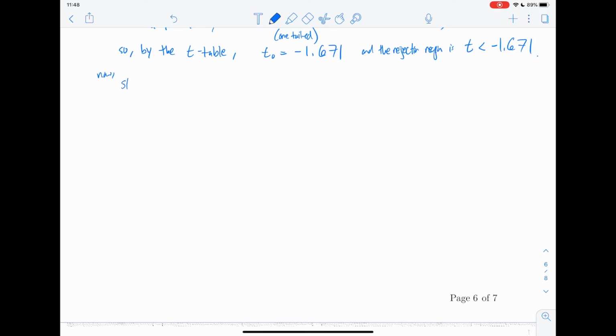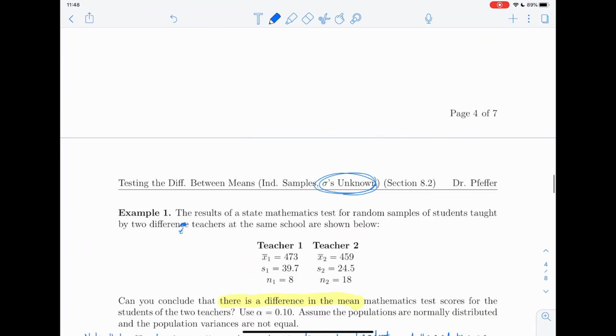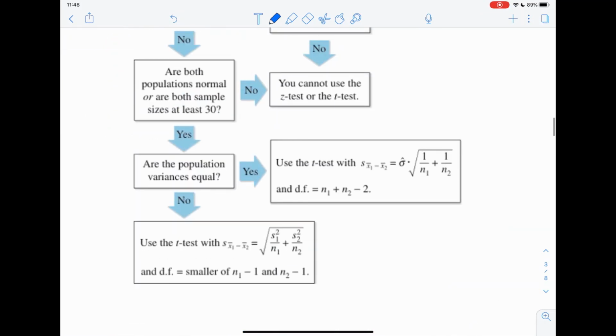The standard error in our context, well, it's always given the symbol S sub x1 bar minus x2 bar, but for our purposes, because the variances are assumed equal, this formula is always going to be sigma hat times, we'll come back up here and import that result, it's sigma hat times the square root of 1 over n1 plus 1 over n2.